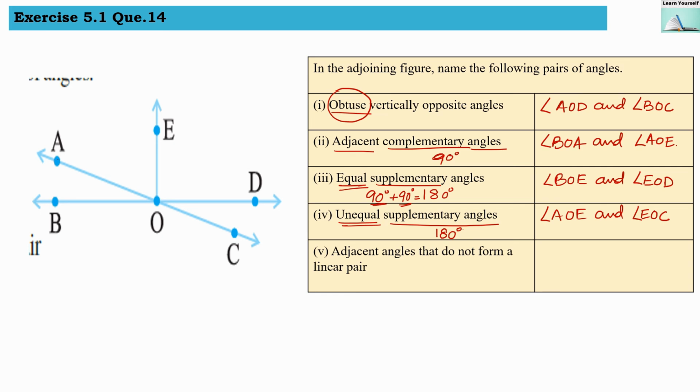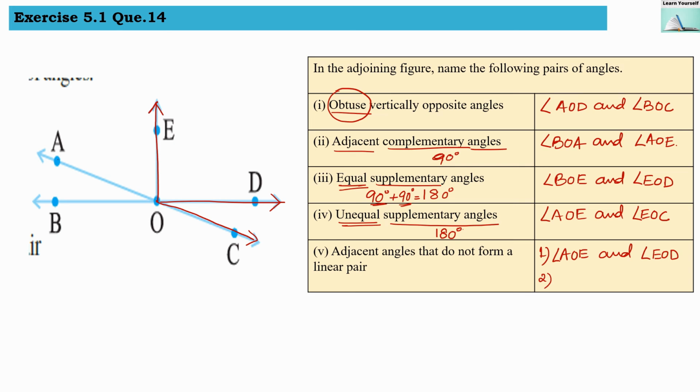Fifth question, adjacent angles that do not form a linear pair. We can find many pairs. The first pair is this, angle AOE and another angle, angle EOD. So these two angles are adjacent as well as they are not forming a linear pair. So this is the first pair.